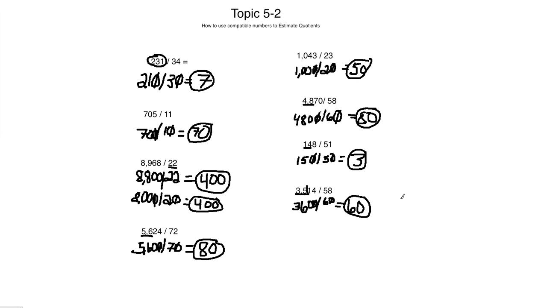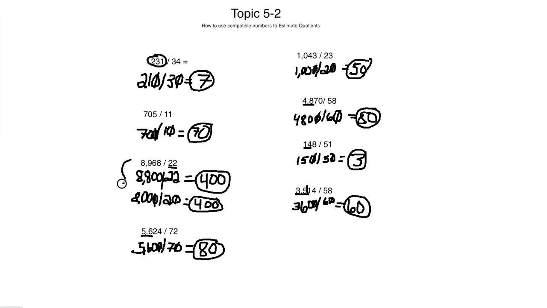So here we did 8 problems. And hopefully you understand what a compatible number is. You just can't estimate it to whatever you want it to be. You estimate the divisor into the closest estimate with a 0, and then you have to look at the first two digits, if it's a 2-digit number, and ask yourself, can that go into it?